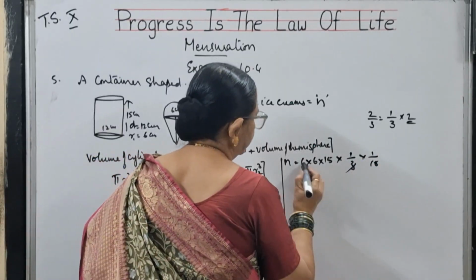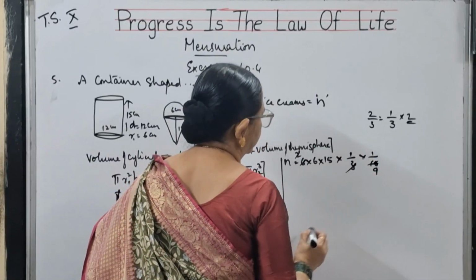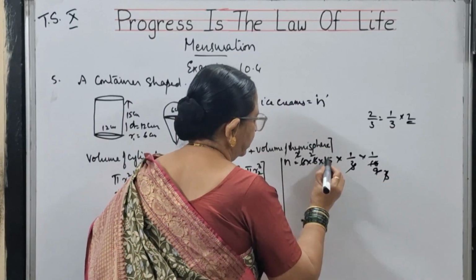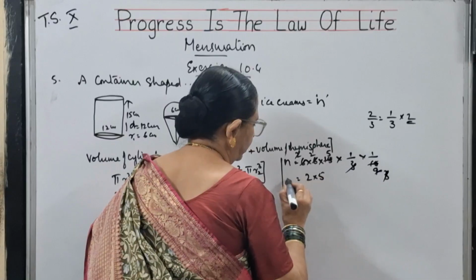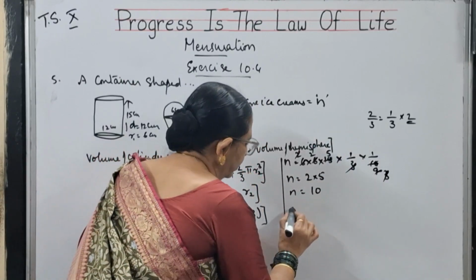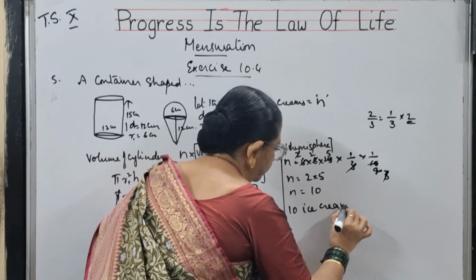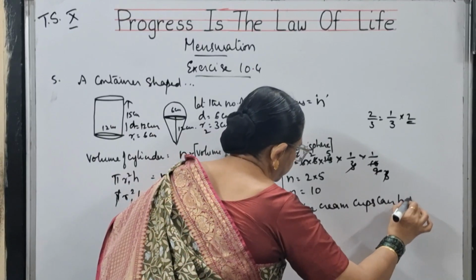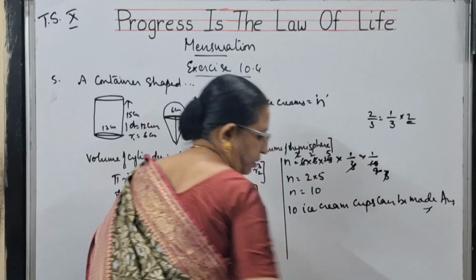So 3 ones are 3, 2 twos are 4, 2 nines are 18, 3 threes are 9, 3 twos are 6, 3 fives are 15. So how much am I getting? n is equal to 2 into 5, n is equal to 10. That means 10 ice cream cones can be made. This is the answer, children.